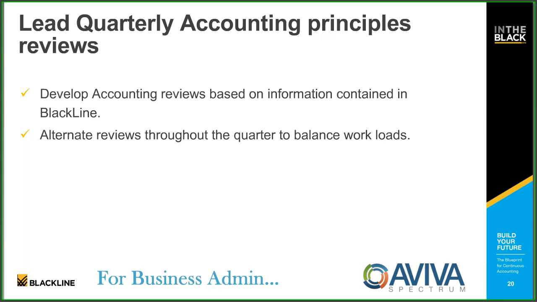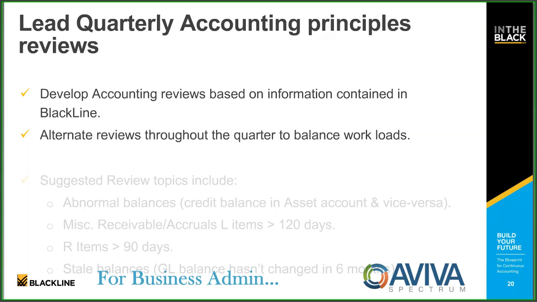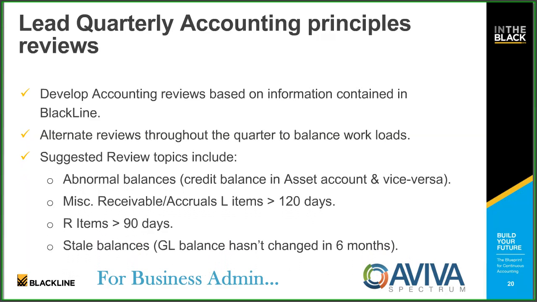One of the things that, on the surface, you wouldn't expect a reconciliation program to do is really have a positive impact on accounting principles. Behind the scenes in BlackLine, we have lots of reports that you can pull, which actually gives insights into the accounting processes, such as a report for abnormal balances. You can see which asset accounts have a credit balance in them.